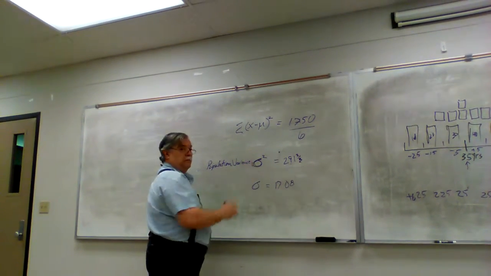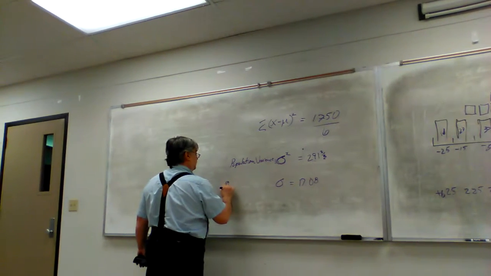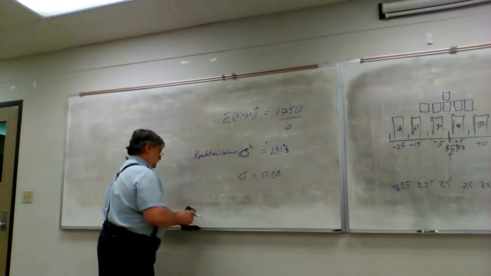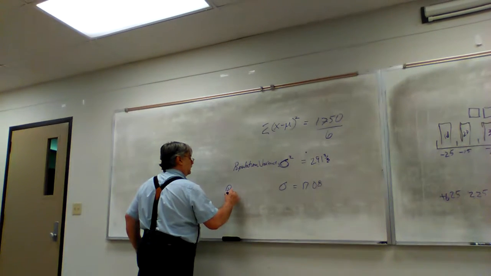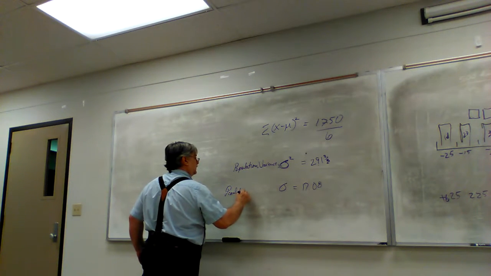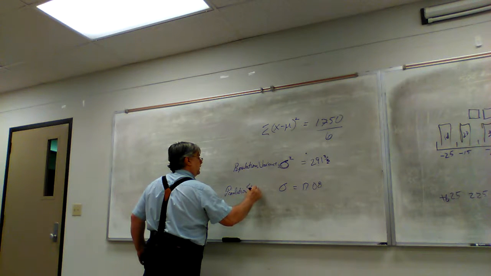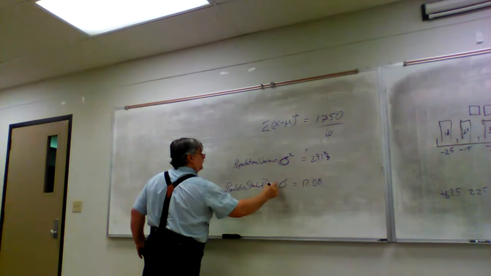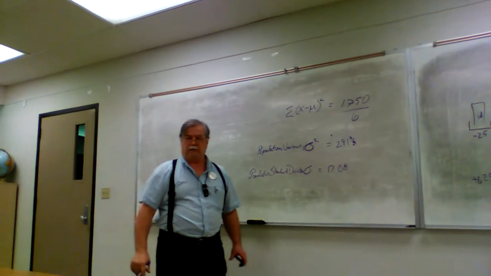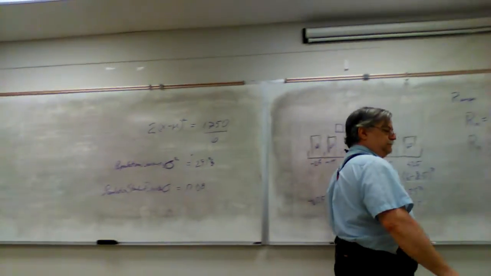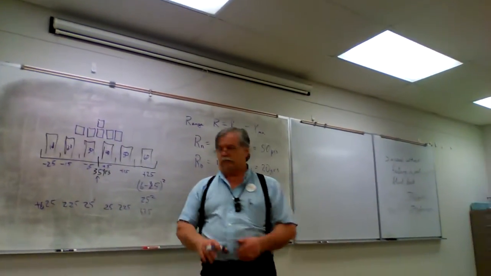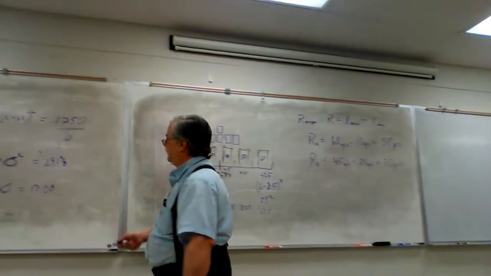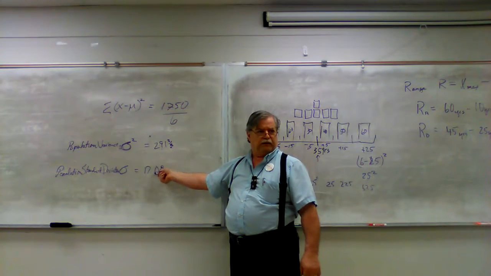The square root of the population variance is called the population standard deviation. And I ran out of room to keep writing it, but now, all of a sudden, that looks more reasonably meaningful.